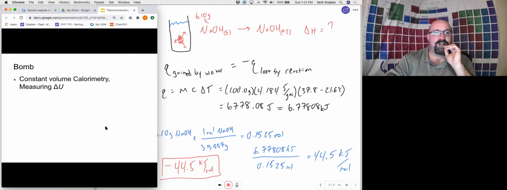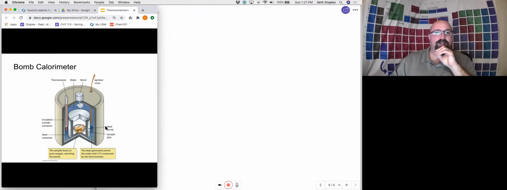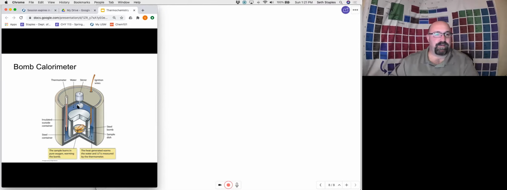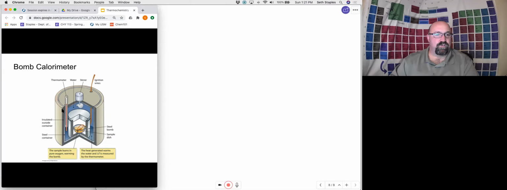But if you need real precise thermochemical data, real precise calorimetry data, then we would use what we call a bomb calorimeter, which is a much more extensive setup. You see it looks very similar to this here, in which we really encase all of the water. And then we have our water in here.